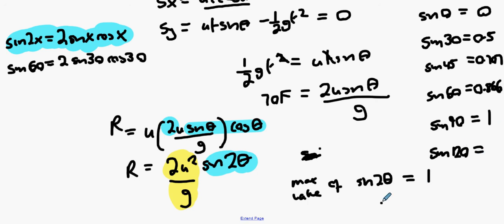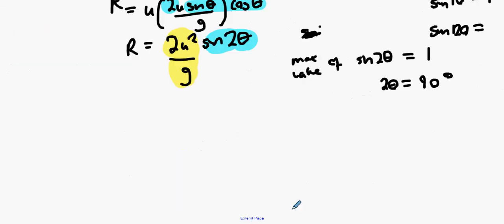This implies 2 theta equals 90 degrees, implies theta equals 45 degrees. Okay? For it to be as large as possible, you need the sine 2 theta value to be as large as possible. So this yields theta equals 45. There's also a differentiation way of doing it, but you guys aren't ready for that yet, so we'll come back to that down the line.